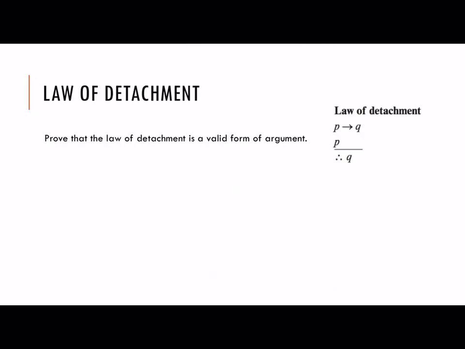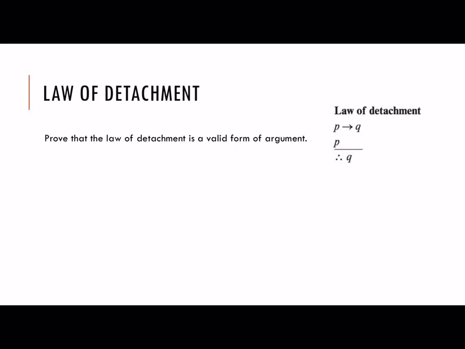Let's look at another example. So we're returning to one of the common forms of deductive arguments, and we looked at this earlier in the course when we looked at forms of deductive arguments. So we looked at many of them that took this form of the law of detachment. And just a reminder, here's that form. The two premises would be in the form if P then Q, P, and therefore we can conclude Q. Right?